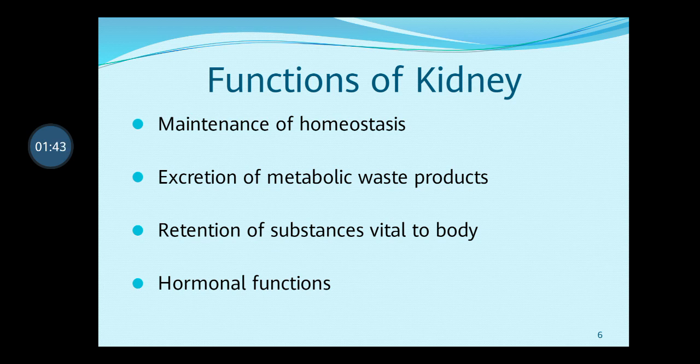Next is retention of substances which are vital to the body. The kidneys reabsorb and retain several substances of biochemical importance in the body. Example, glucose, amino acids, etc. Hormonal functions.